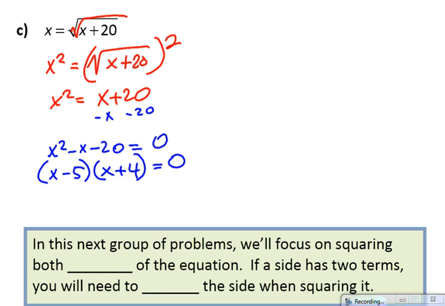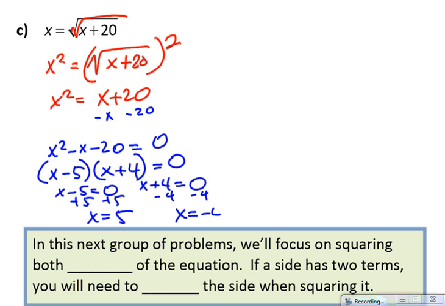Take each little factor and set it equal to 0. And that means add 5 to both sides, so x is 5. Subtract 4 from both sides, x is negative 4. All right, so let's check them.